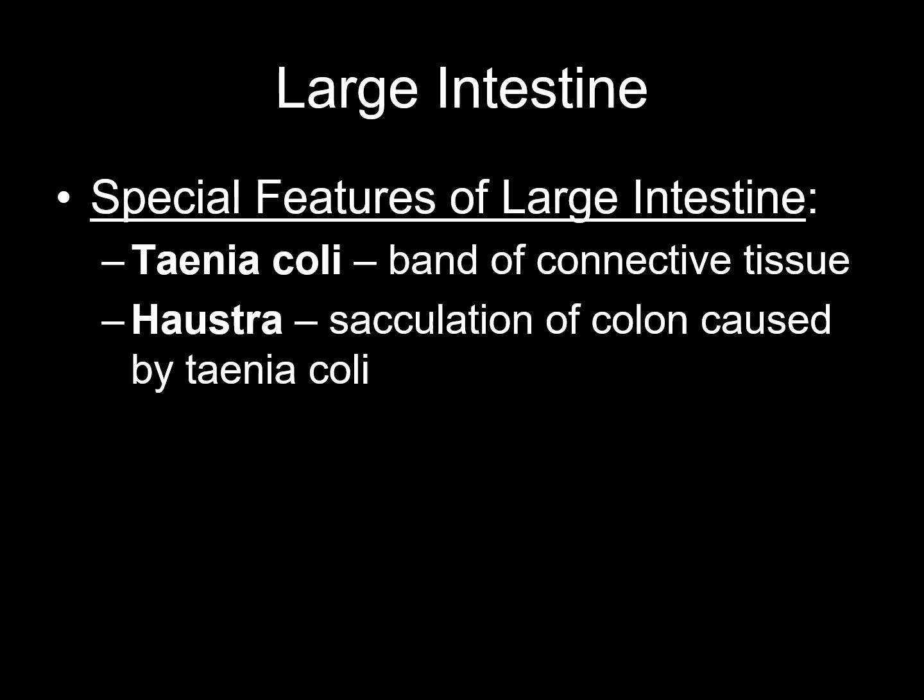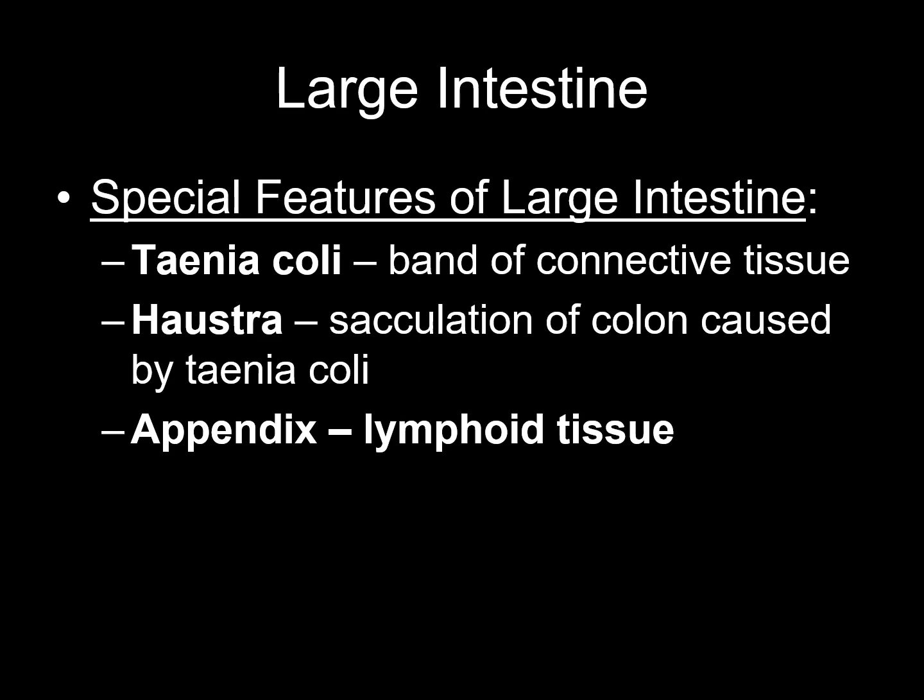This band of connective tissue is called the taenia coli. It puts some tension on the large intestine, and it creates these saccules or sacculations of the colon. You'll see what I mean in the pictures, and these sacculations are called haustra.